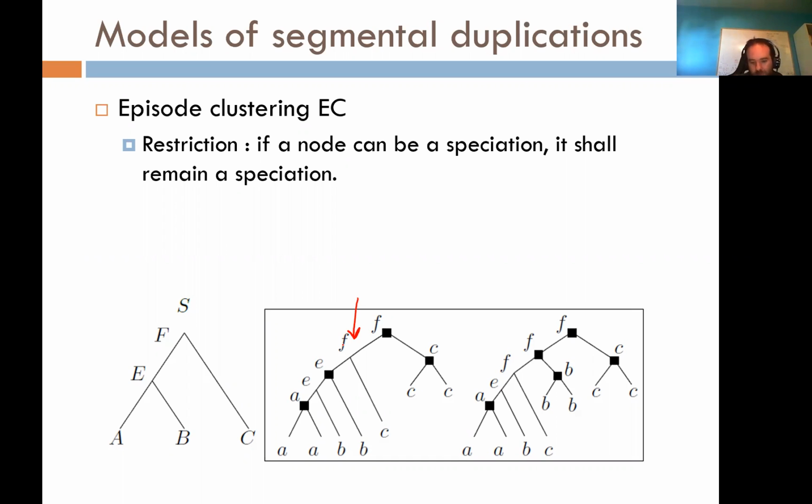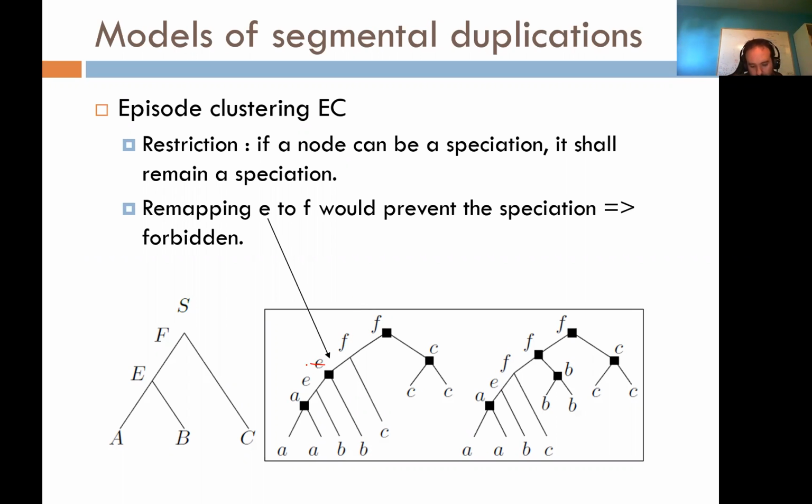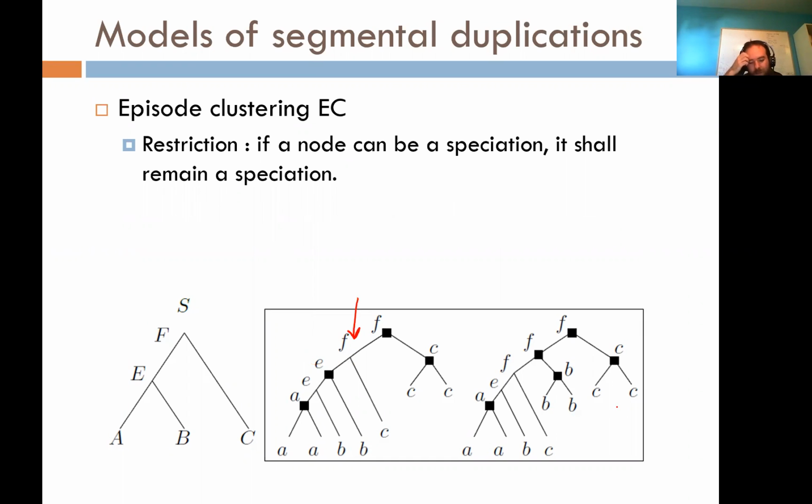But if you try to remap this node to an F, according to the rules, this will become a duplication, and they don't allow it in this model. So that's one way they restrict the possible remappings and make the problem interesting.